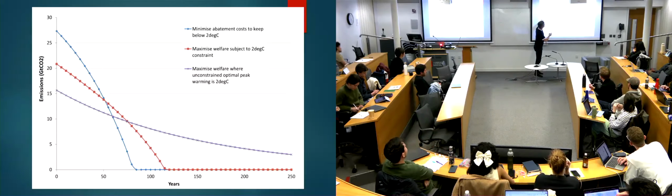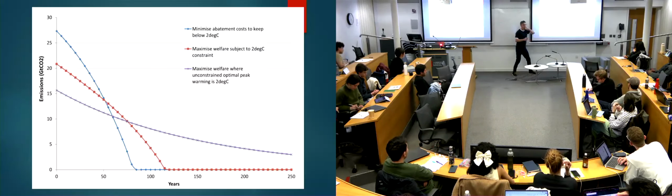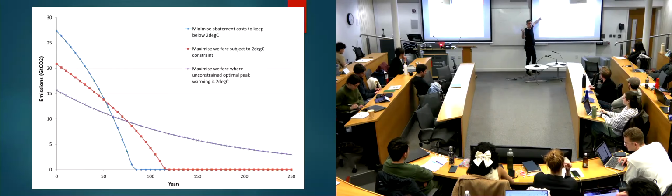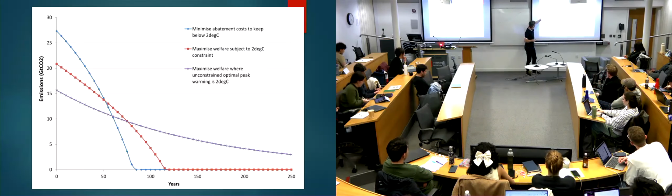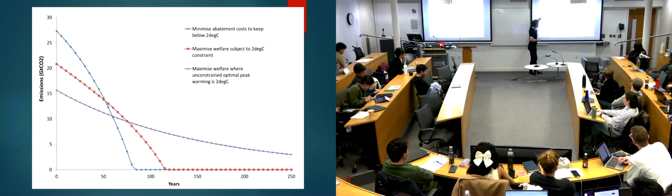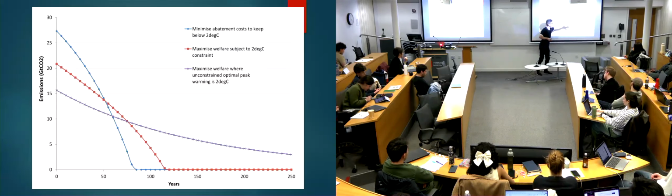Sorry, good question, because actually the contrast is the blue line versus the purple. If I just say maximize welfare and I've chosen my damage such that 2 degrees is optimal, it gives you this path, which does a lot early on and then emits for a long time, because these emissions are very expensive to avoid.